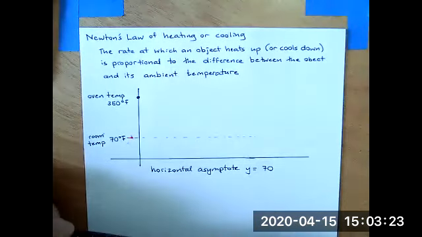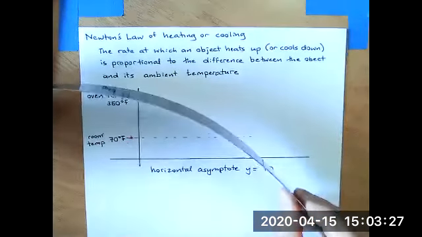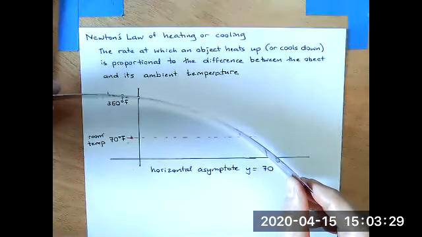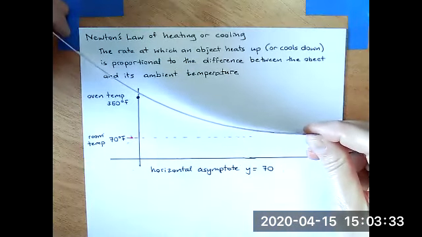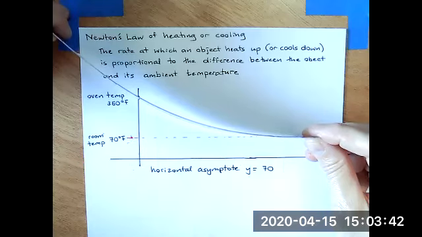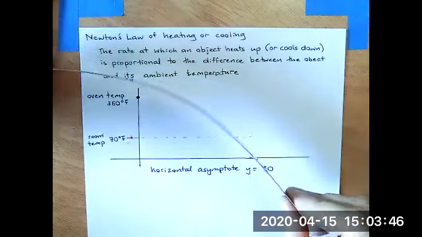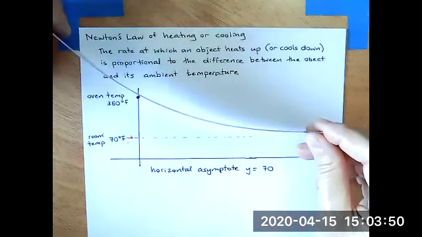So we'll have a horizontal asymptote equal to 70. You can use Newton's law of cooling to decide what the graph will look like. Will it be concave down or concave up? Well, think about it. The closer the potato temperature gets to the room, the slower the cooling becomes.